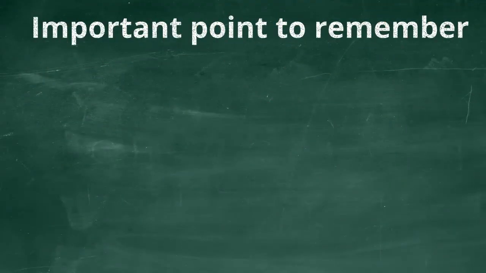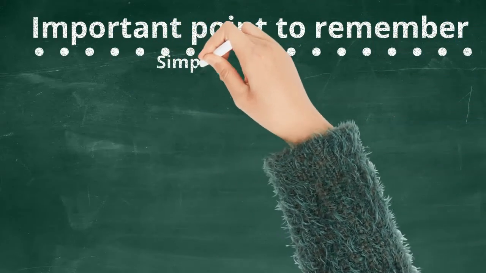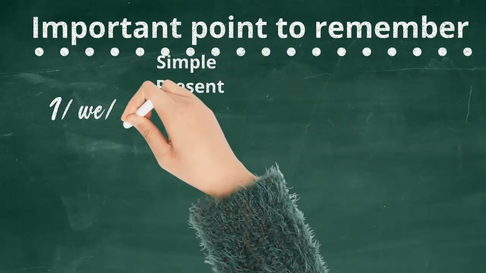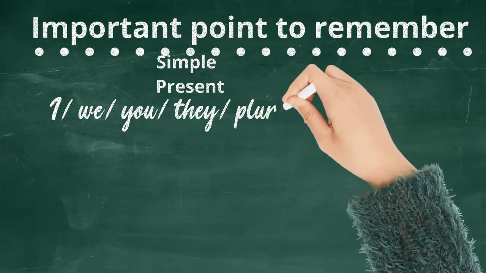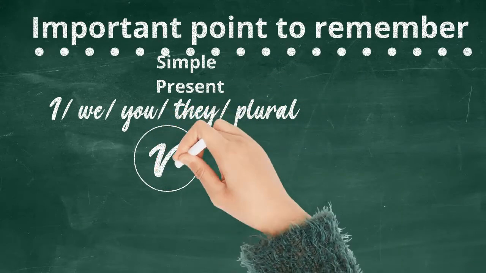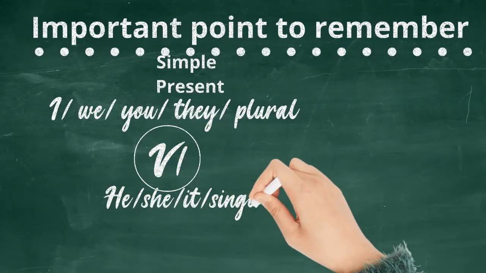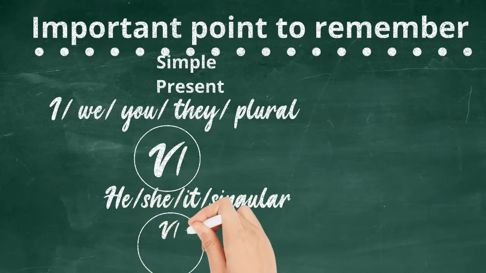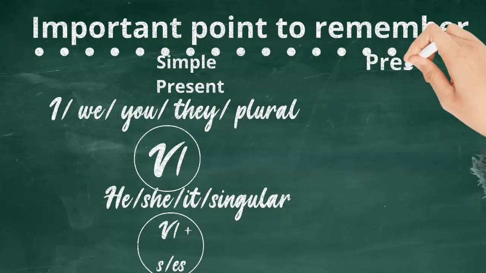Tip of the day is, for shortcut, remember this point. In simple present tense with I, we, you, they or plural, V1 or verb's first form will be used, and with he, she, it or singular, s or es will be added along with V1.